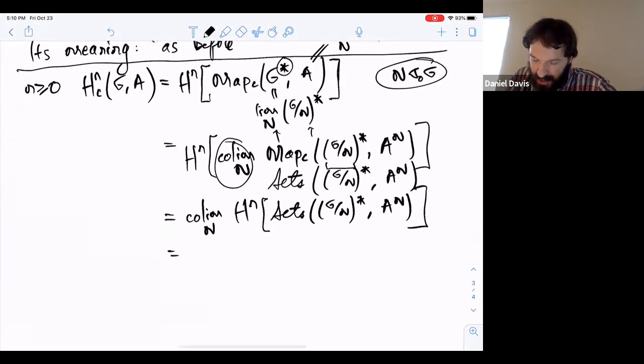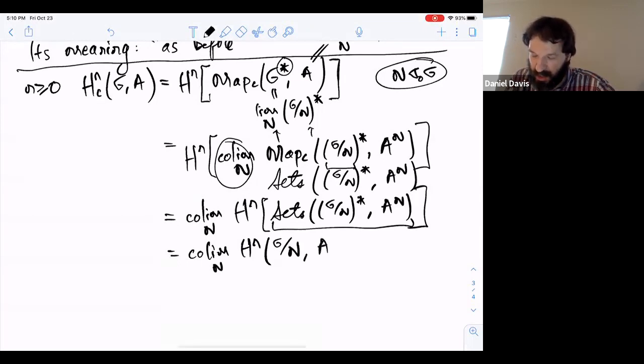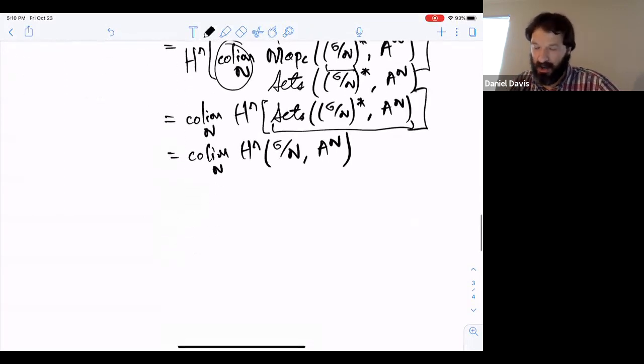It turns out that this is exactly the nth cohomology group of the finite group G mod n with coefficients in A^n.